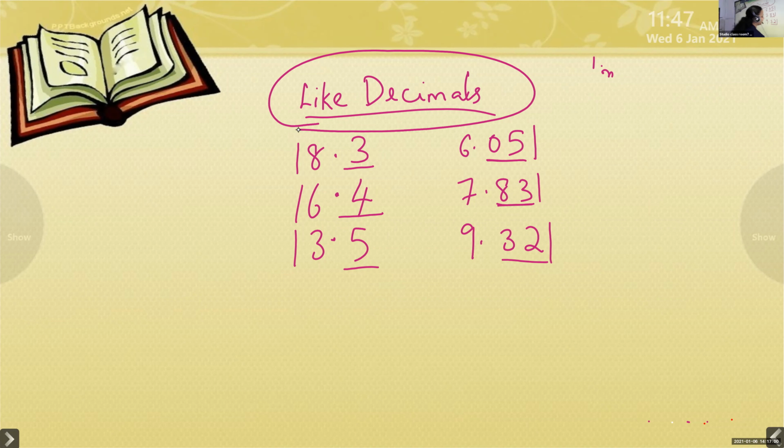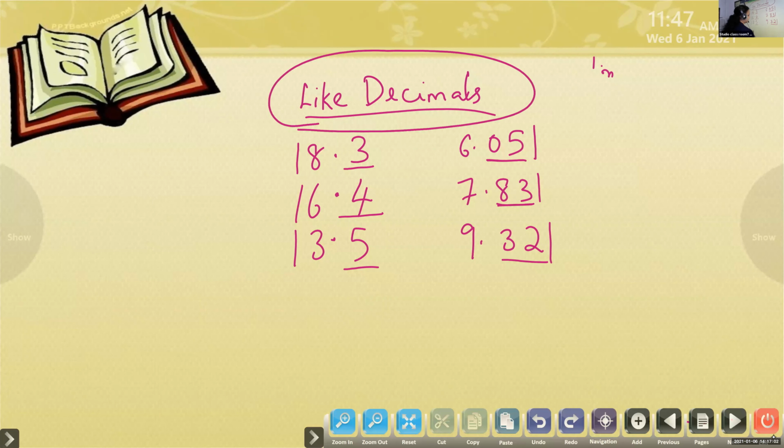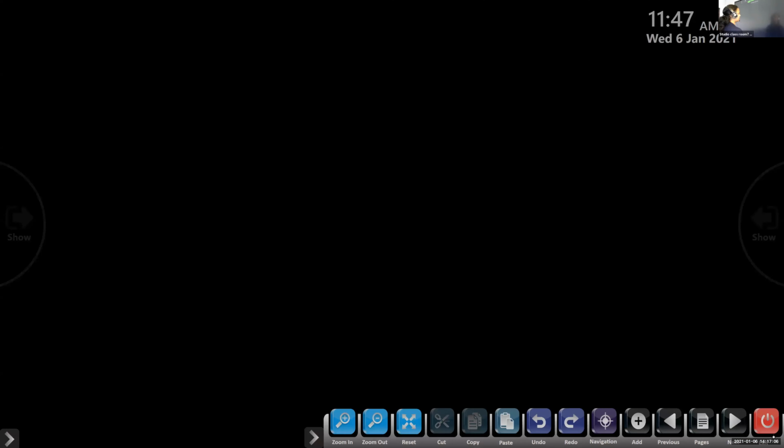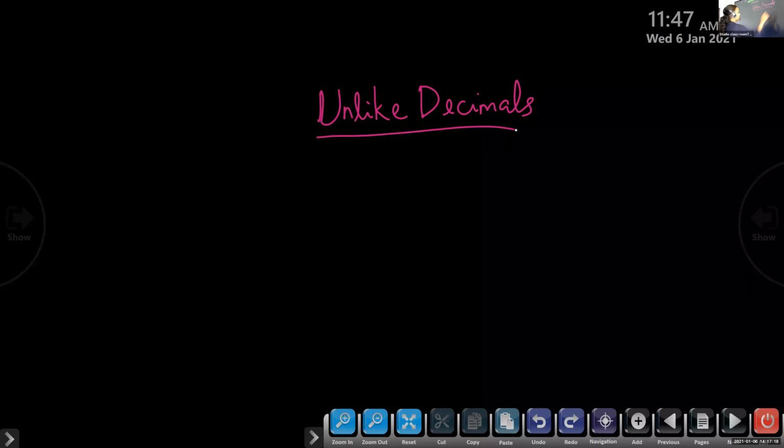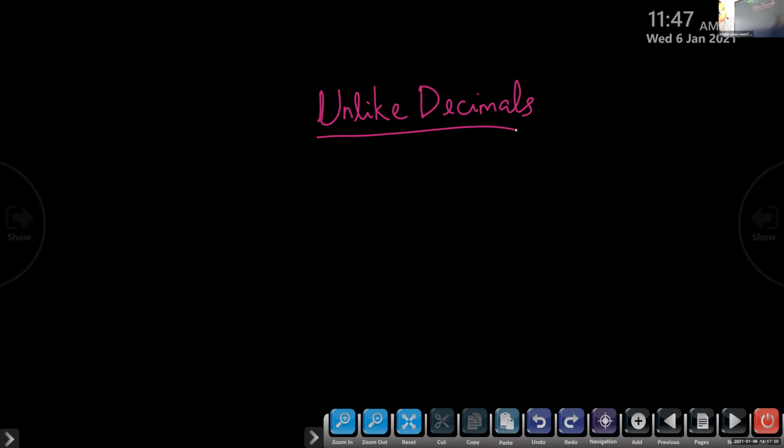And if you want to write unlike decimals, children, please listen carefully. We just started this in the last class. Unlike decimals means the number of decimal places will be different.